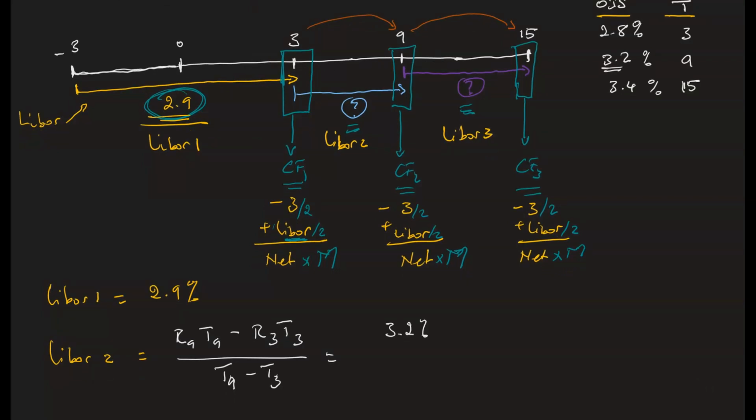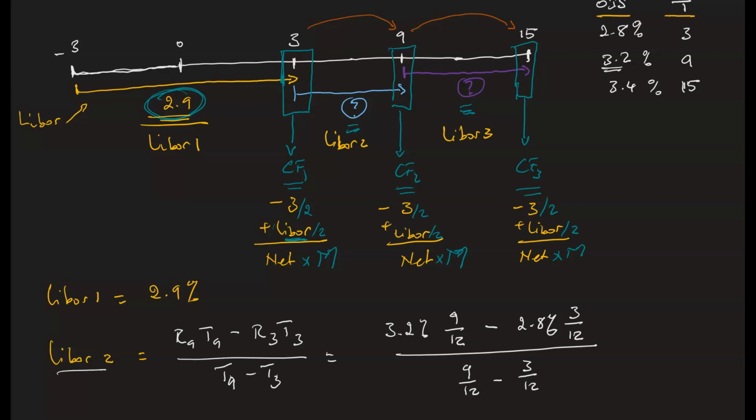T9 is 9 divided by 12, right? Minus R3, which is 2.8%, multiplied by T3, which is 3 over 12, and we divide all of that by T9 minus T3, so that's going to be 9/12 minus 3/12. And so that's how we find LIBOR 2.